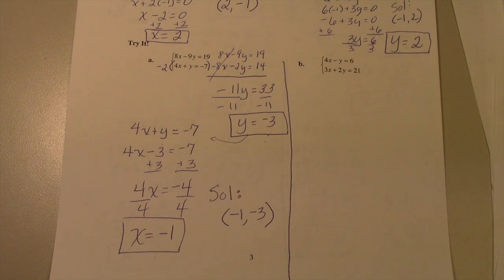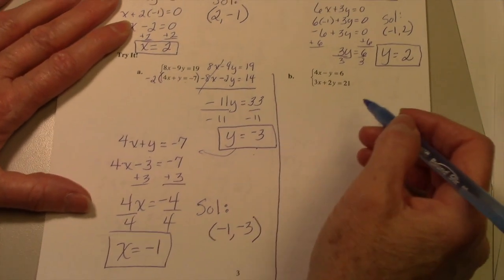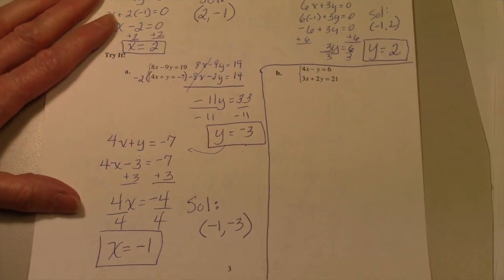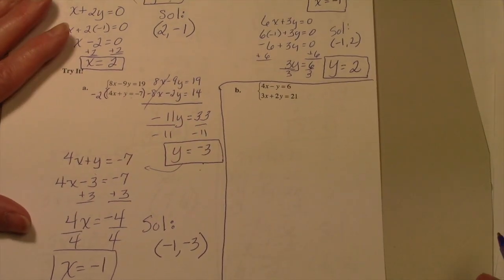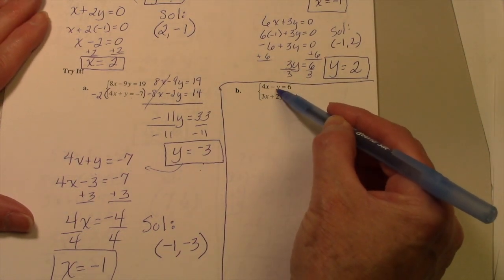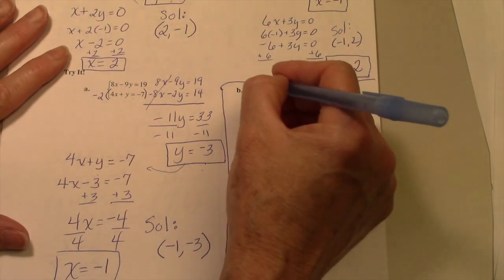Okay, so the next one. Next one, draw a line across here, so separate them a little bit. If I had a 2 up here, they would eliminate. So guess what? Multiply the top equation by 2.